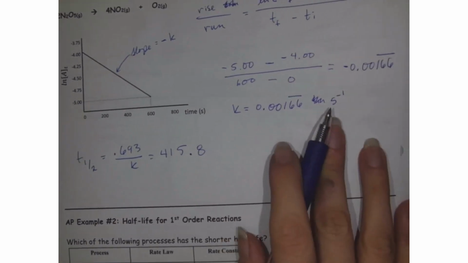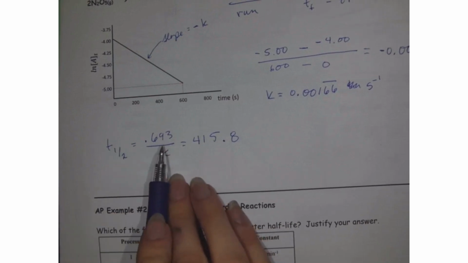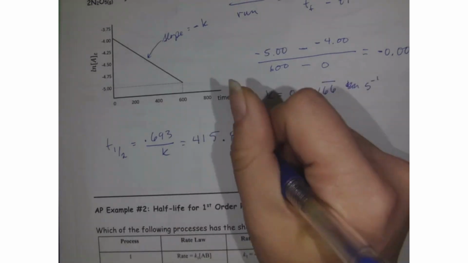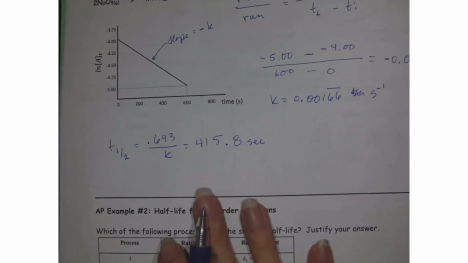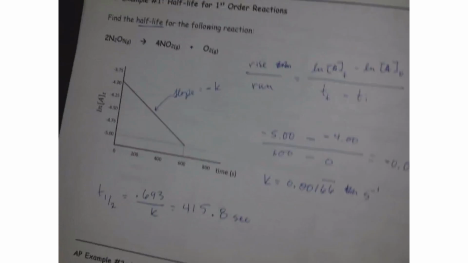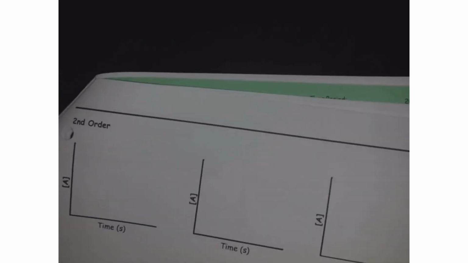And this had units of inverse seconds, and we're taking something unitless and dividing it by the inverse of that time. And so it flips it back up there, so this is in seconds. So the half-life of this substance, half of this will decompose in 415.8 seconds.